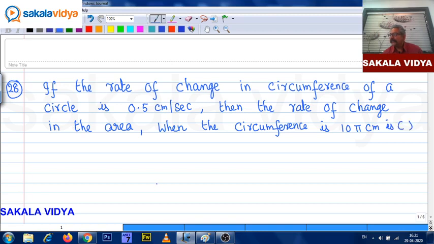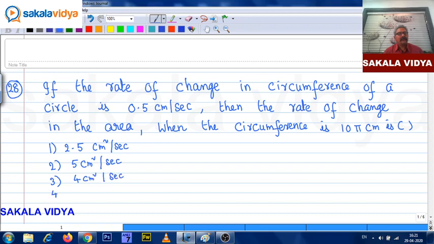This is the question. First one is 2.5 centimeter square per second. Second option is 5 centimeter square per second. Third one 4 centimeter square per second. Fourth one 5 centimeter square per second. This is the question.